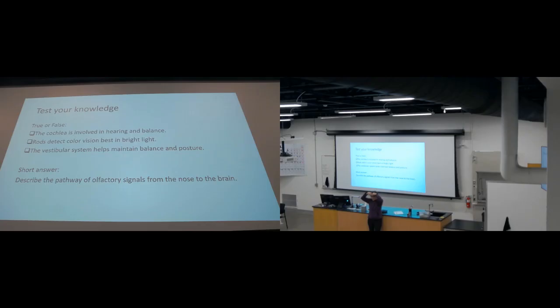Then it connects to a structure that you saw in the brain that you dissected, under the frontal lobe: the olfactory bulb. Then axons of the olfactory bulb go into the cortex. Does it go directly to the olfactory cortex, or does it relay the information to the thalamus?